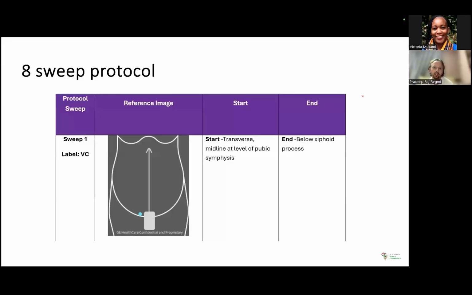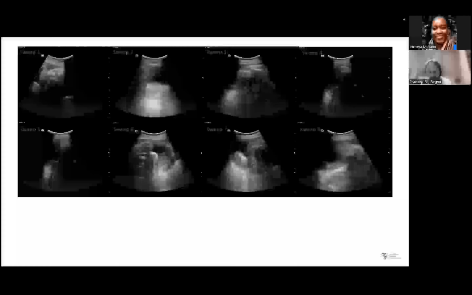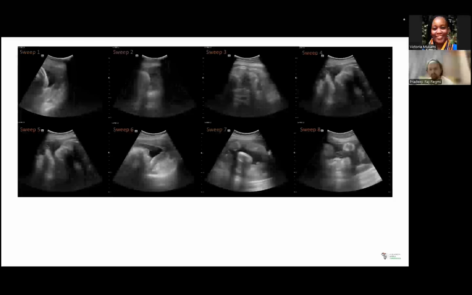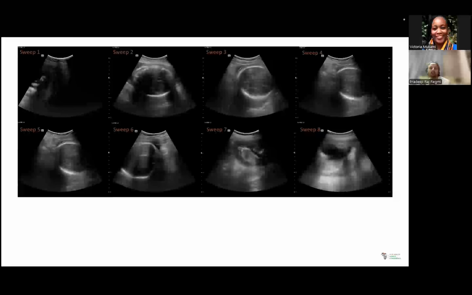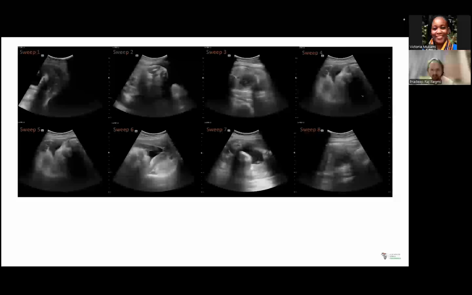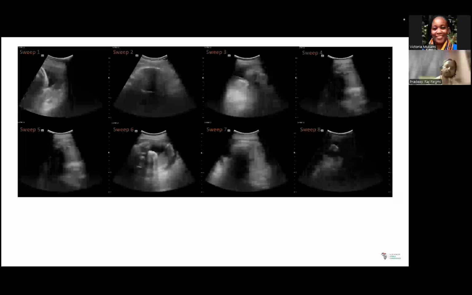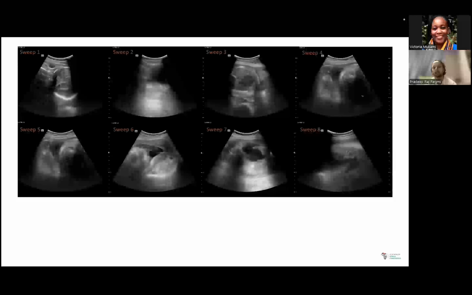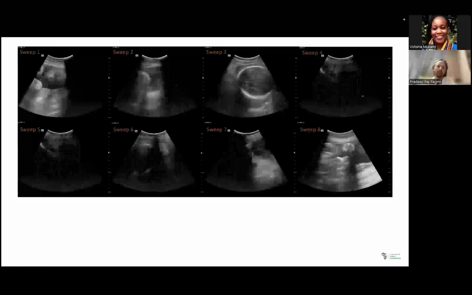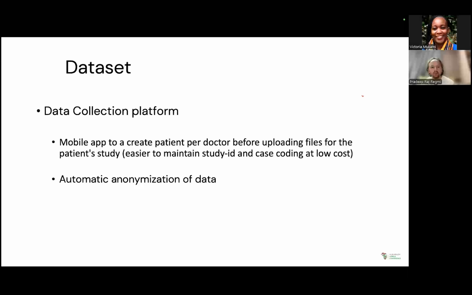One is the blind eight sweep protocol, and we are doing these blind eight sweeps, and finally getting the sweeps out of the blind sweeps, and then we are building some models out of this, so that it helps to get the information we want, in correlation with clinicians. So it can definitely help in future. And there are a lot of things that AI can help in clinical workflow.